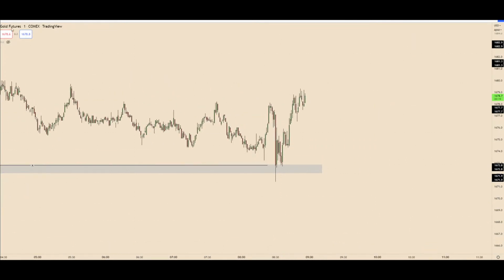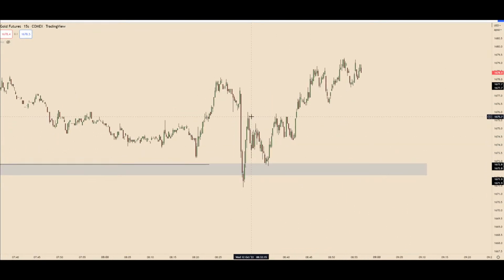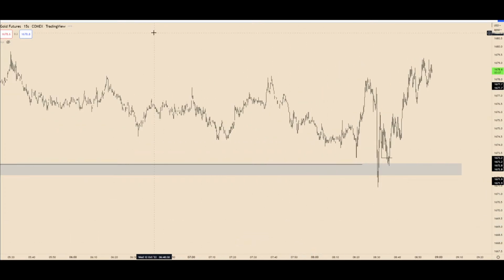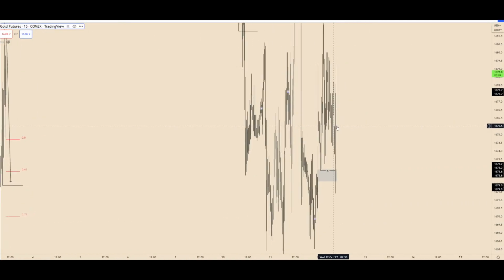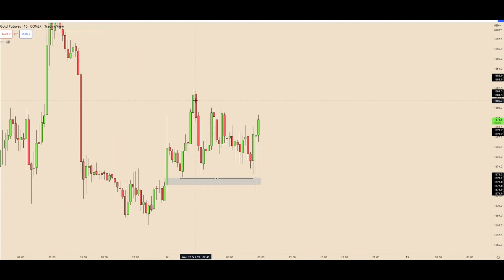Gets an aggressive move back into the range. Easier to see on something like a 15-second. Aggressive move back into the range. Once again, internal range liquidity ran. Aggressive move higher, continuing higher, right? So where should we be targeting on this? Well, most likely this high, right? That is what I would say.